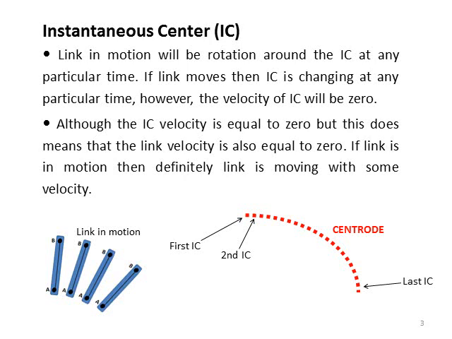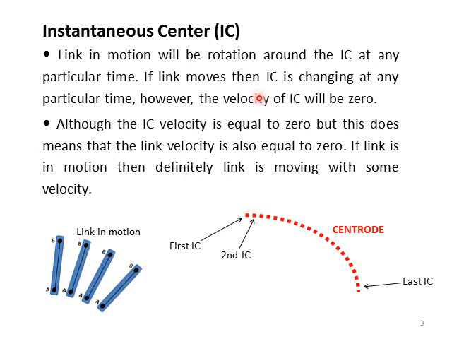This means that whenever the link is in motion, it will have certain velocity, but at any particular instant the link is rotating around an imaginary axis called the instantaneous center.